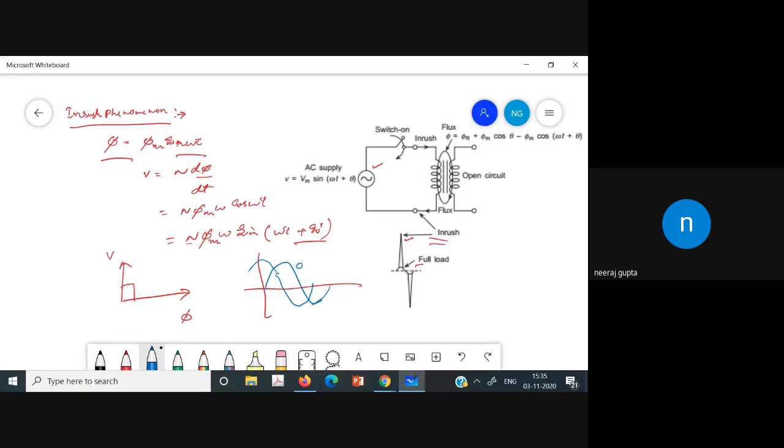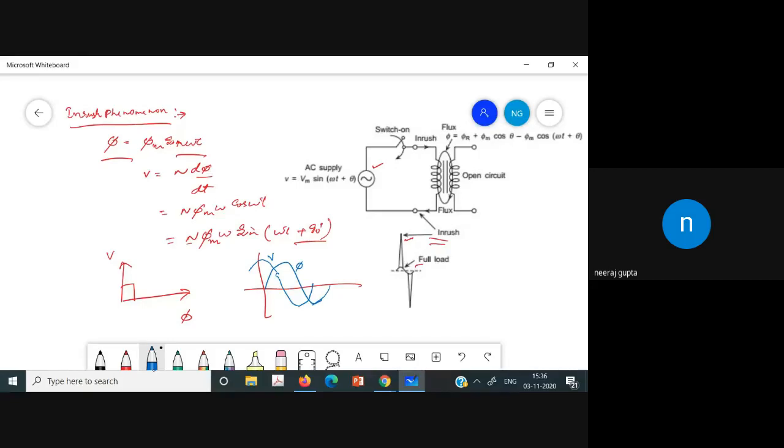This is the flux waveform phi, and this is the voltage waveform V. So in this case, you see that the flux lags the voltage by an angle of 90 degrees.